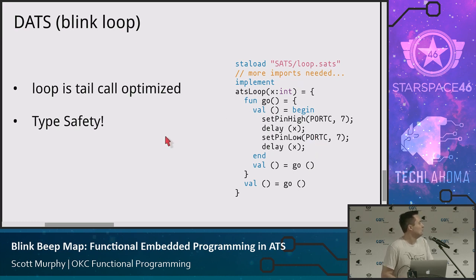It's a tail call optimized loop, and in fact, recursion can be guaranteed to be tail call optimized in ATS, in a process I don't really want to go into because it's really complicated. But tail call optimization is guaranteed, so when you set it up, it'll be a warning or an error if it's not. Tail call optimization just means it's able to take the recursion that you're writing and turn it into a simple for loop, which is really important if you're trying to write a loop like this that goes on forever.